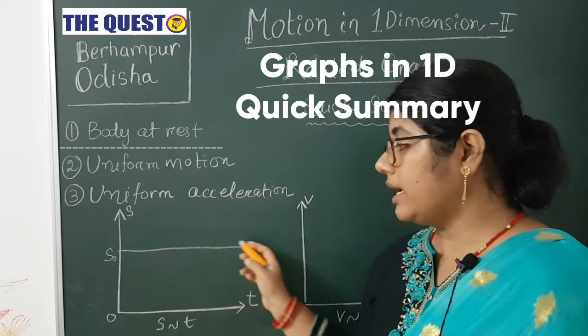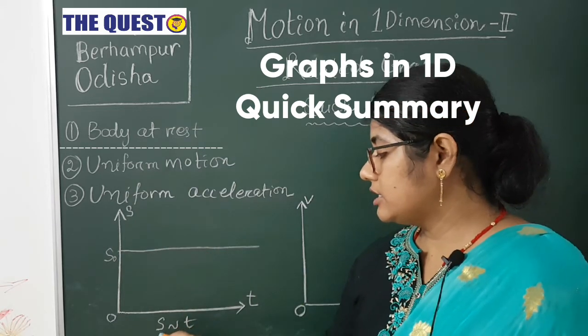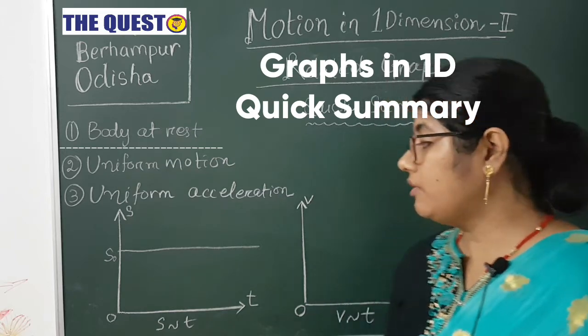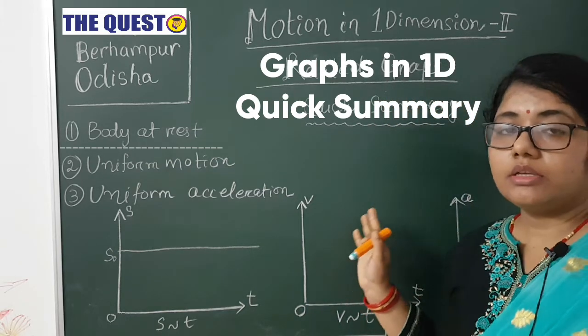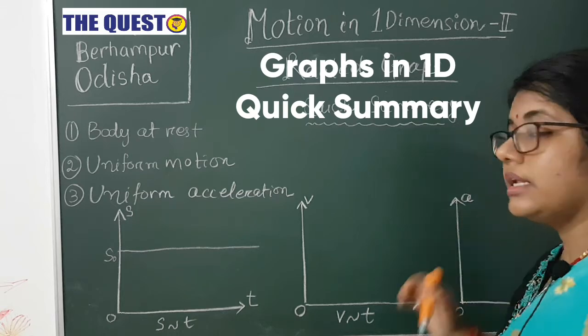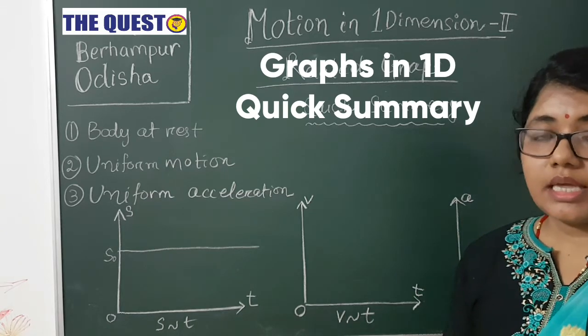So it is a straight line in the displacement time graph. However, we cannot have the velocity time graph and the acceleration time graph for this case.